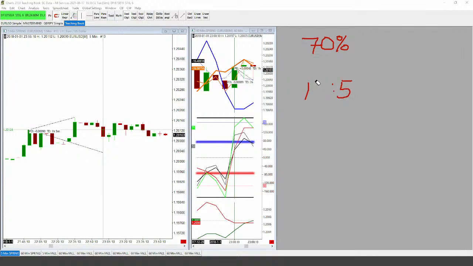Or let's say this is 60% actually. Let's do this for a second because I want to show you something. Let's say this is 60% and we have a 10 pip stop loss and a 5 pip take profit, okay? And we say, okay, I can win more of these trades.